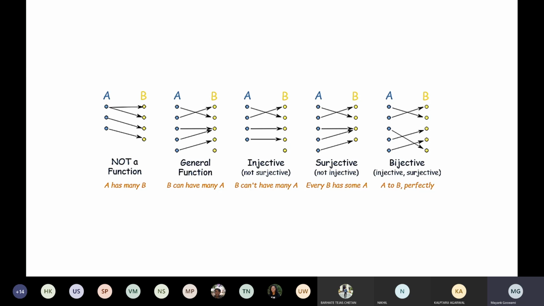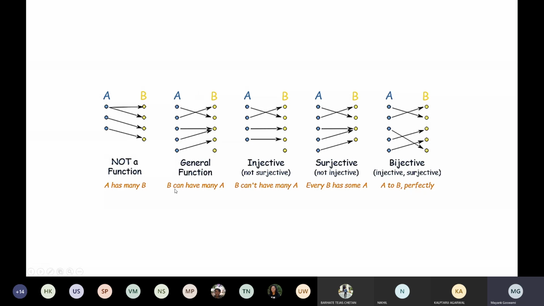So 2 times 2 is equal to 4, and 2 plus 2 is also equal to 4. So both functions can map to a single value in B, and the fifth element is mapped to 4 elements. So this is a general function.